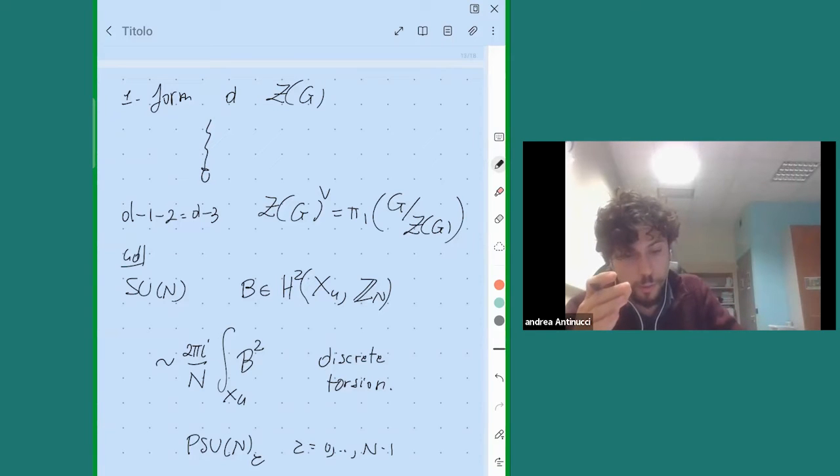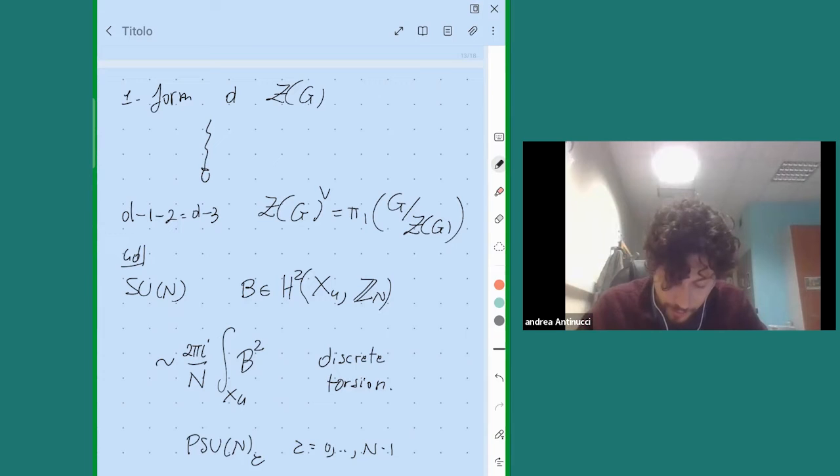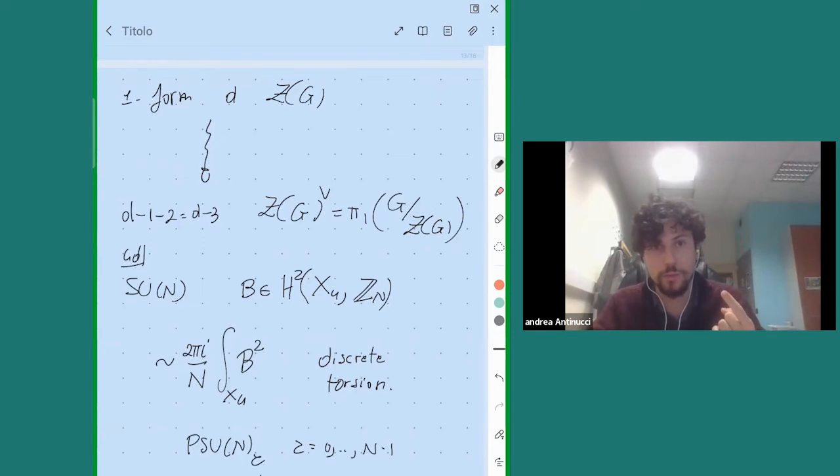You can have different intervals which are labeled by this number r. So you really have N versions of the PSU(N) theory. Like in SU(2), you have in total 3 versions. You have SU(2), then you have SO(3), and you have another version of SO(3) where you are turning on this discrete angle. And all of these are different global variants of the same theory with gauge algebra su(2).